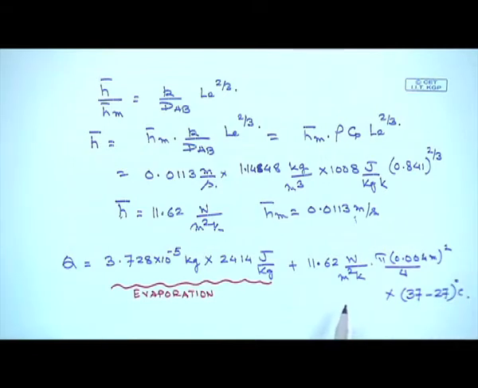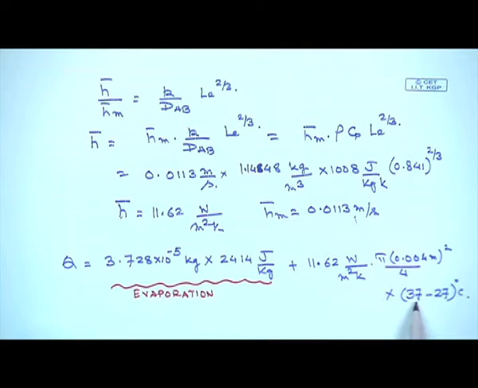If you recall, earlier these two temperatures were equal. The evaporation of the droplet was taking place in an ambient temperature, where the ambient temperature, the droplet temperature and the substrate temperature all were equal, and they were equal to 37 degree centigrade.